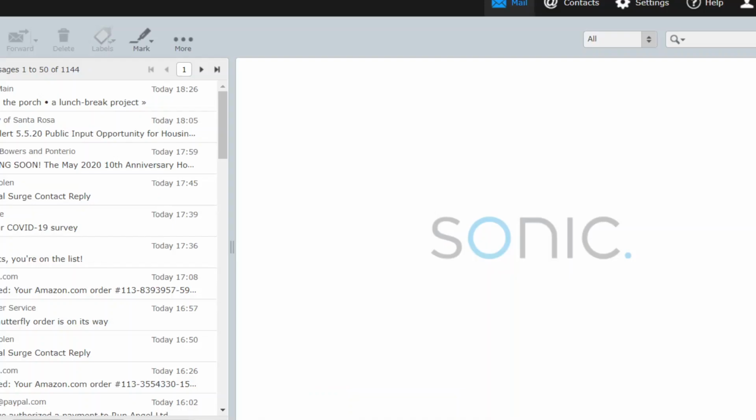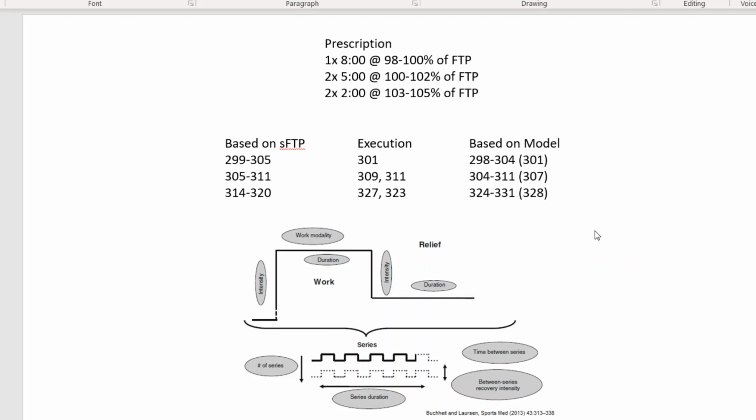That's all I had for this particular video: how to customize the target based on a given duration.